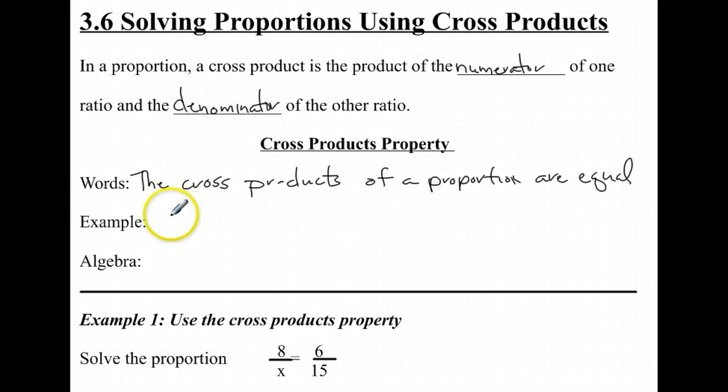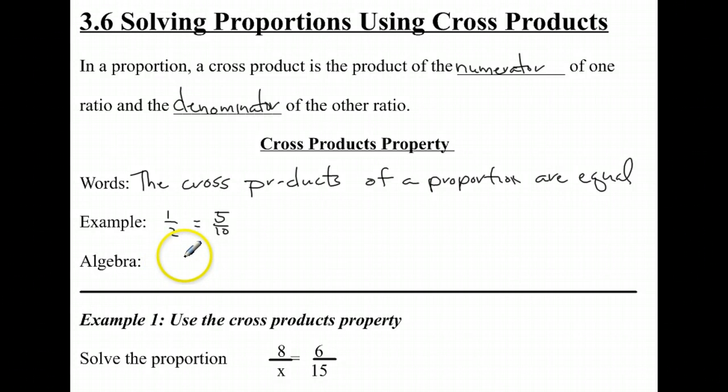So let's do an example. If I take the fraction 1/2, an equivalent fraction we should know would be 5/10. The cross products here would be 2 and 5, and 1 and 10. Well, 2 times 5 is 10 and 1 times 10 is 10.